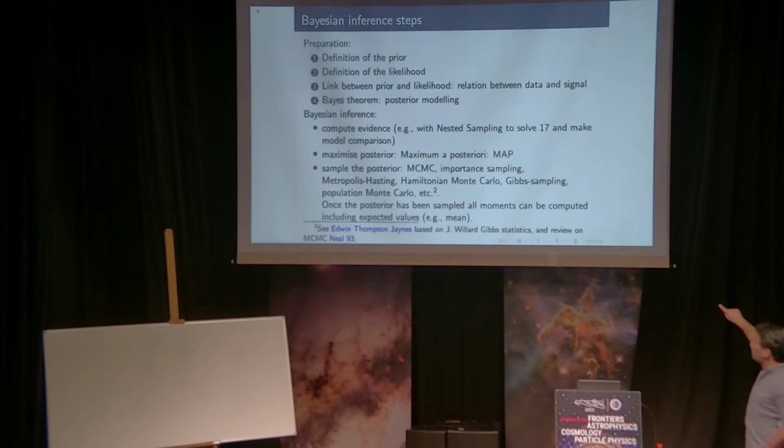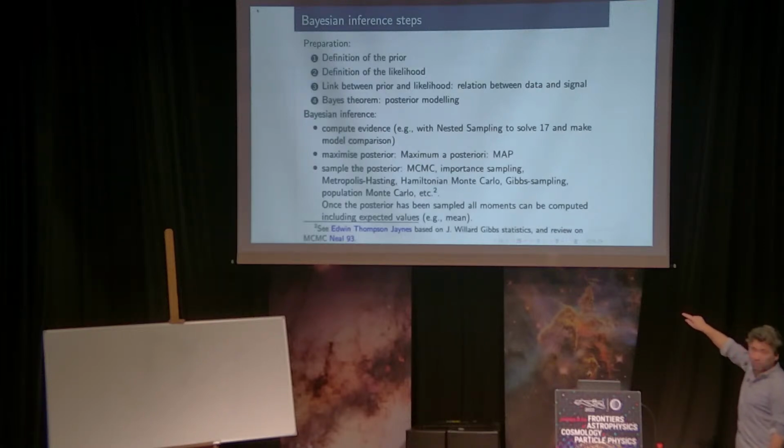You can compute the evidence. There are several ways to do that. And make model comparison. You can find the maximum of the resulting posterior, and then you get the maximum a posteriori. For instance, Euroceliac's team is applying this in a very efficient way, even using particle mesh codes to recover the large-scale structure from observations.